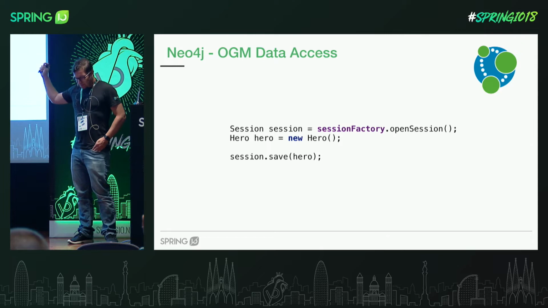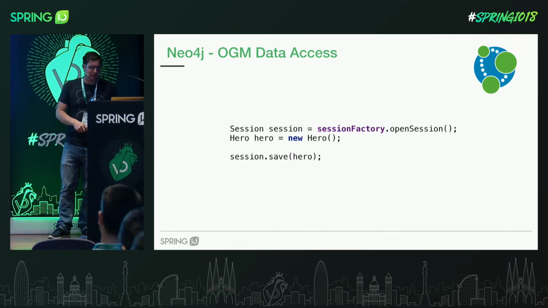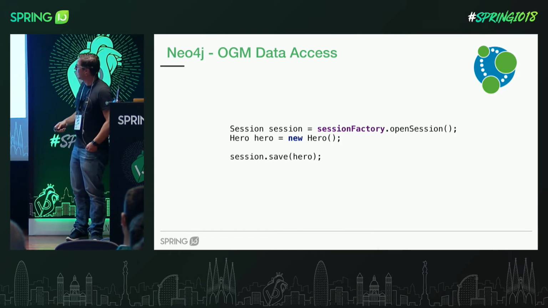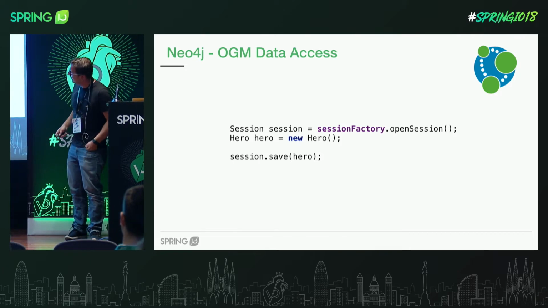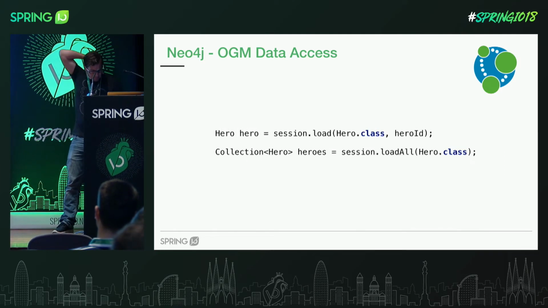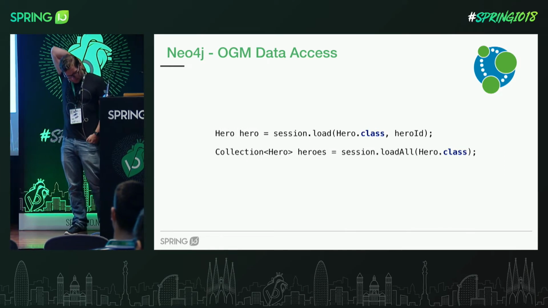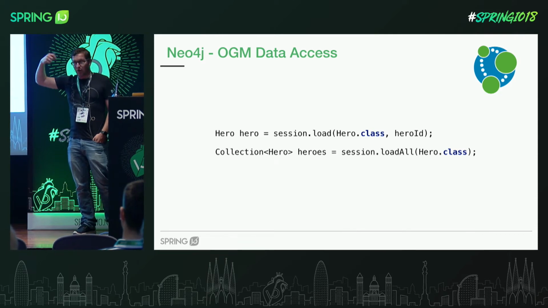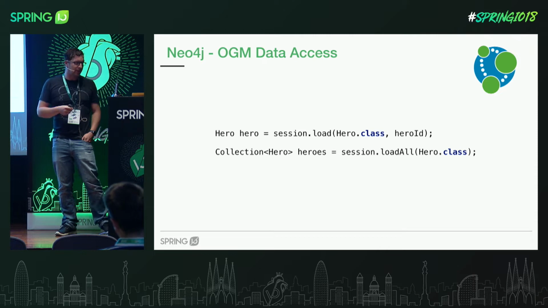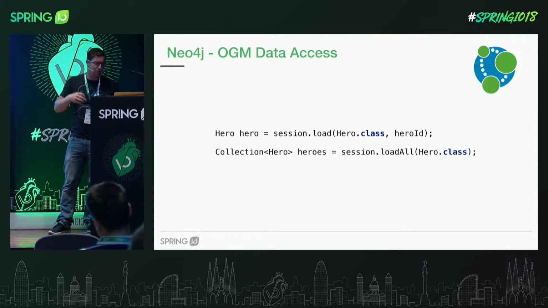And with a simple save, we can store our data. Let's assume we put something more payloadish in there, except an empty object. Then we can retrieve the data the OGM way. So I define a class, I want to load all. I give them an ID to load one.